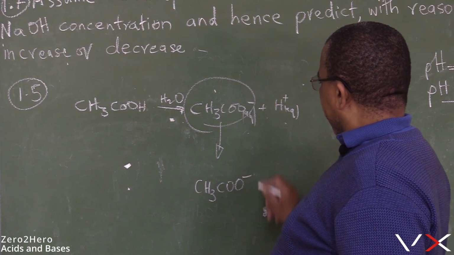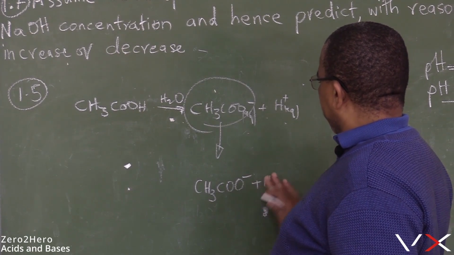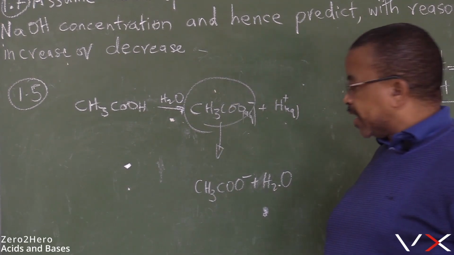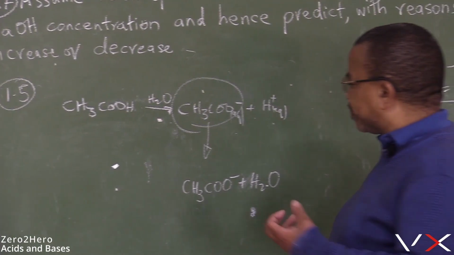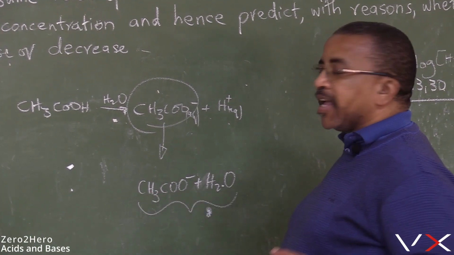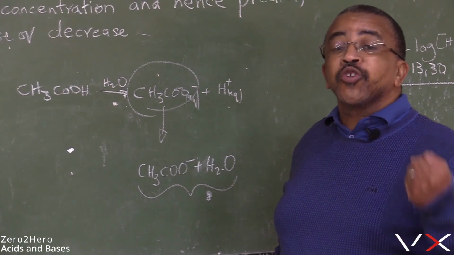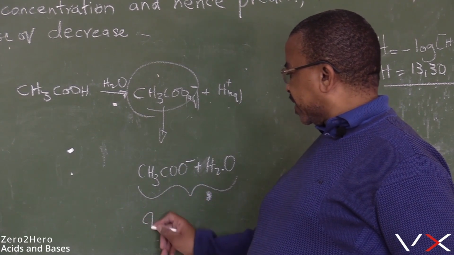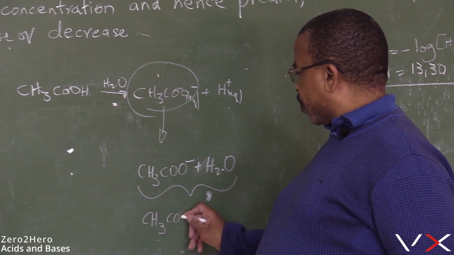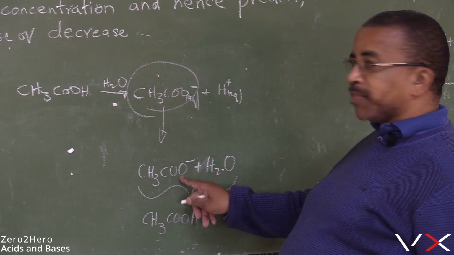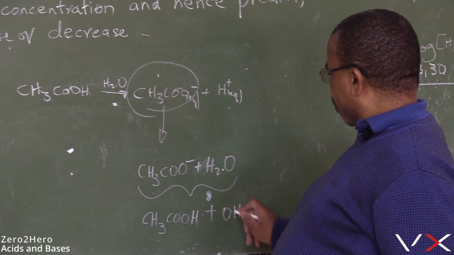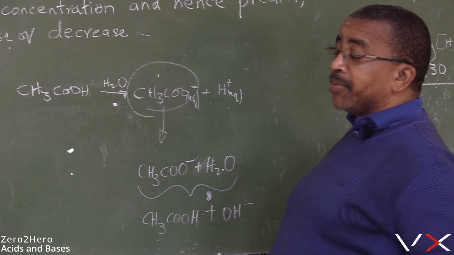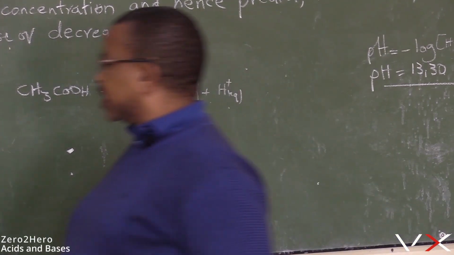It will readily accept H plus. It will take H plus from water, forming CH3COOH, and what remains is OH minus. So the formation of OH minus makes the pH greater than 7. What about NH3?